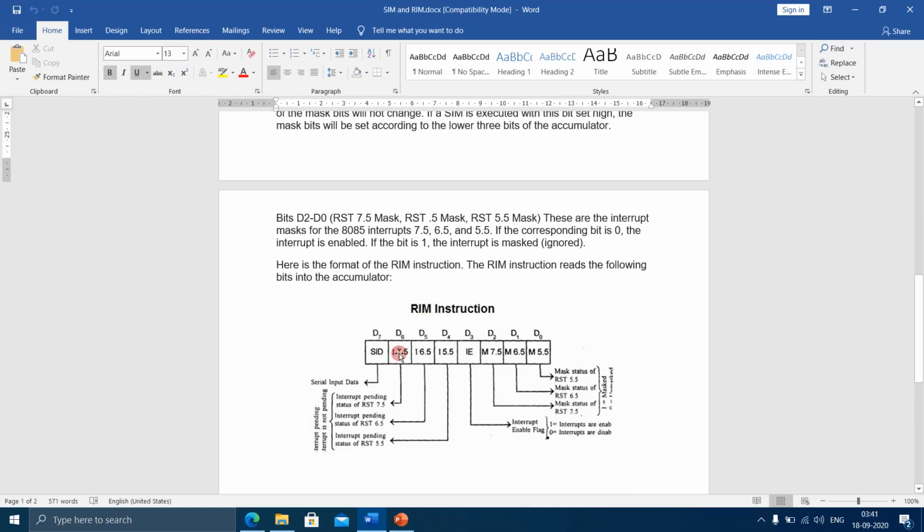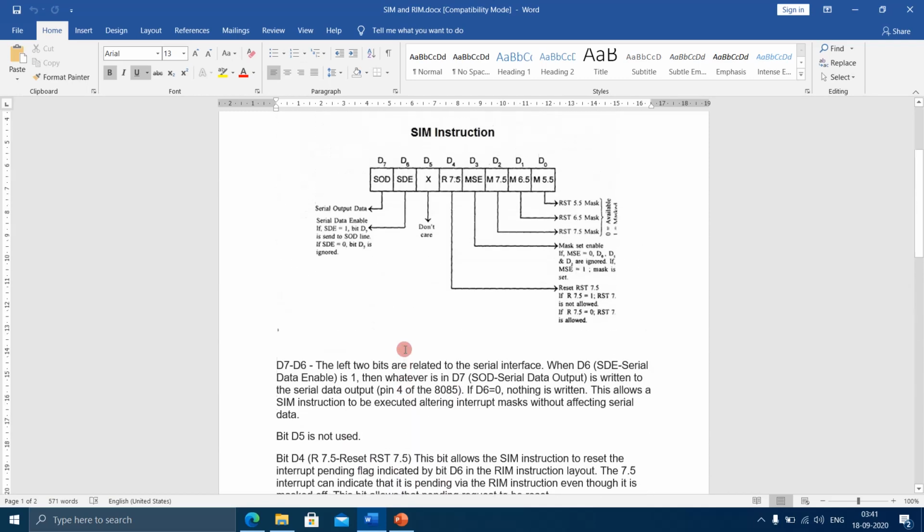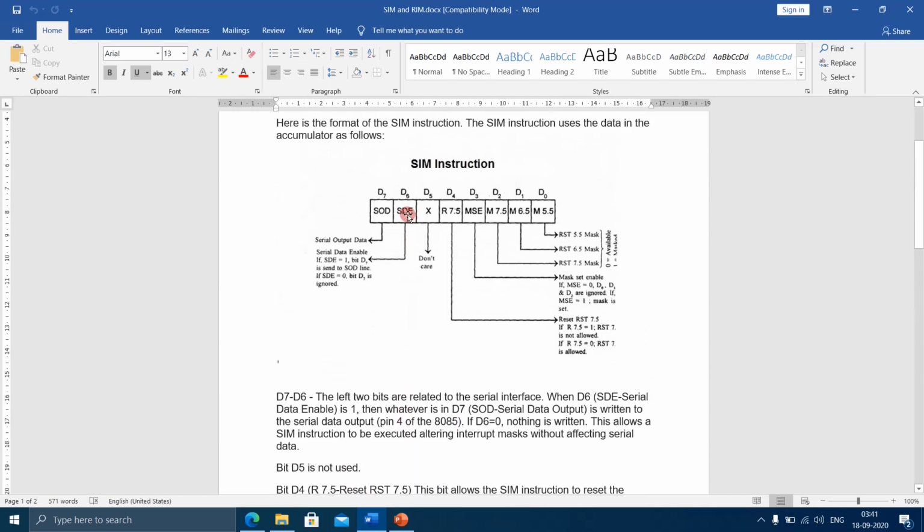If this bit is pending, it will be reset using the SIM instruction. Even if the interrupt 7.5 has been masked off, it still shows that it is pending, and it will be reset while using the SIM instruction. Using the SIM instruction, we can make it 0.